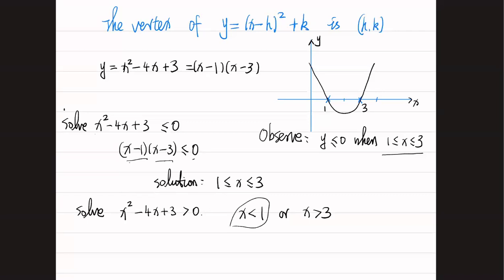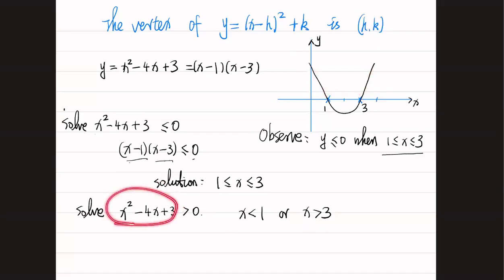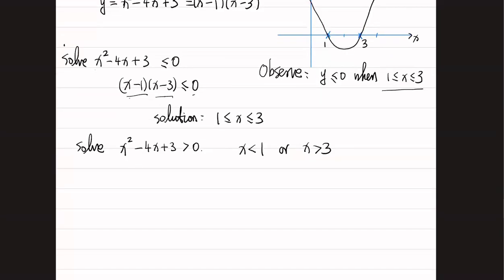Either x is less than 1 or x bigger than 3. In either case, the value will be positive. That's how we solve the inequality using the graph.